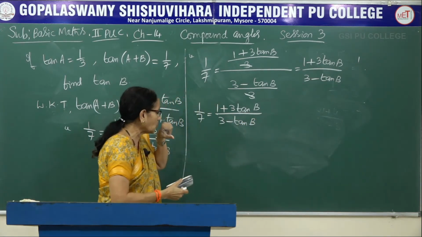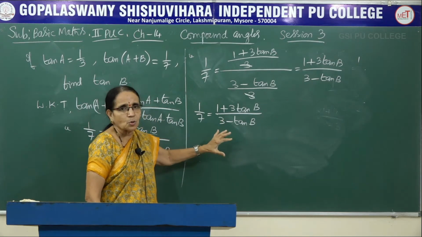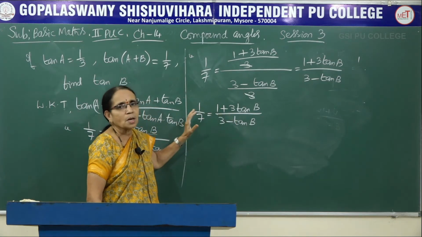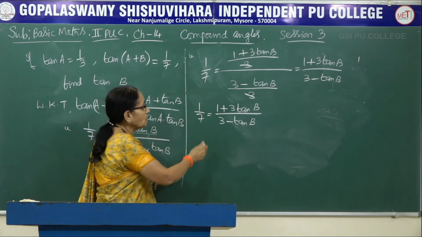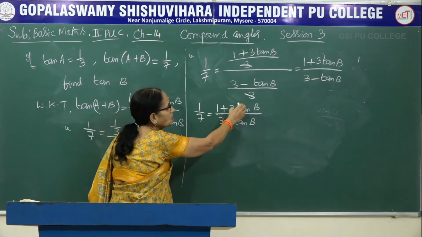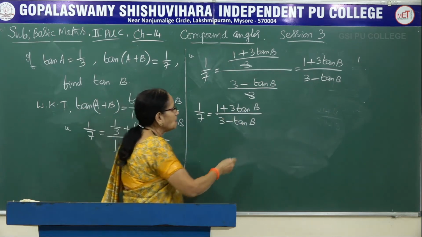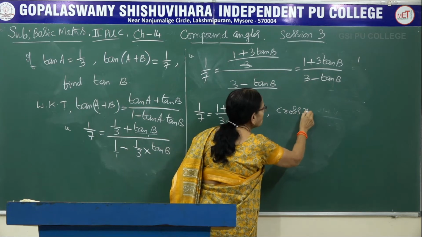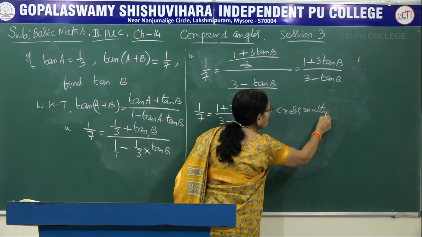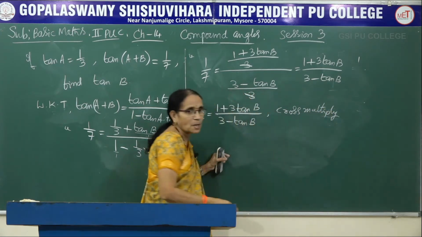Now to get the value of the unknown quantity, what we have to do is take the unknown quantity onto one side and the known quantity onto the other side. Look here, here also we are having tan B, here also we are having tan B. So how to bring them together? First we have to do cross multiplication. So cross multiply.